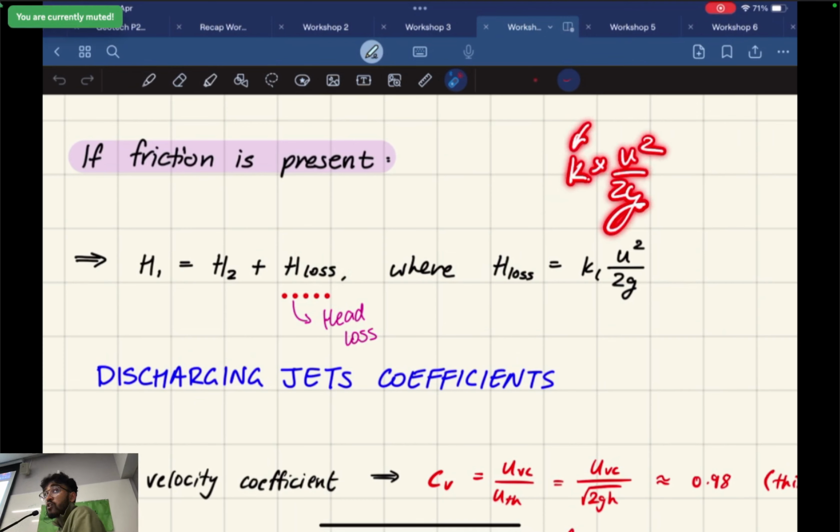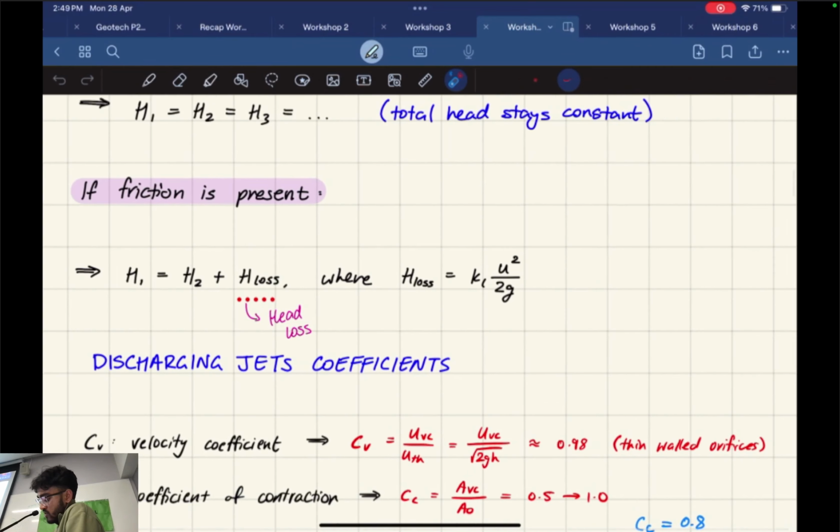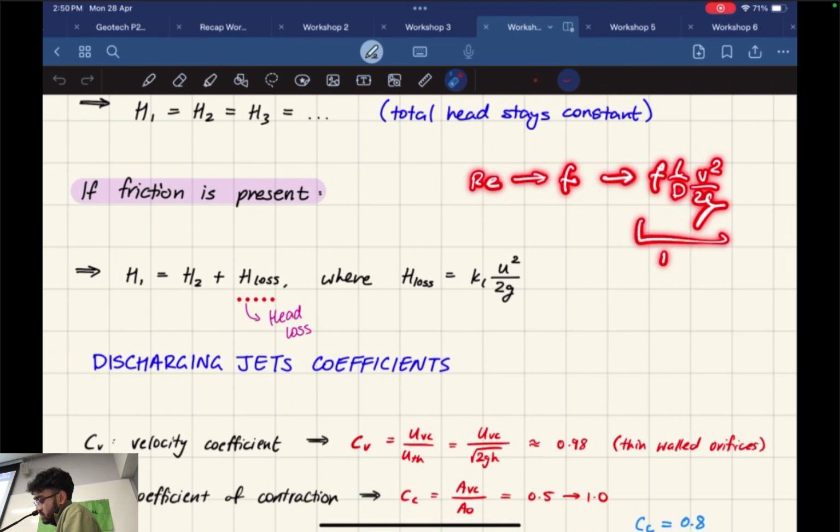K is a coefficient they usually give to you. In the case of friction, you're actually going to have to find it yourself. That's all in pipe flow, if there's frictional loss, where you're going to have to find the Reynolds number first, then use the Moody diagram to find f, sub it into this equation over here, and then this is your head loss due to friction.